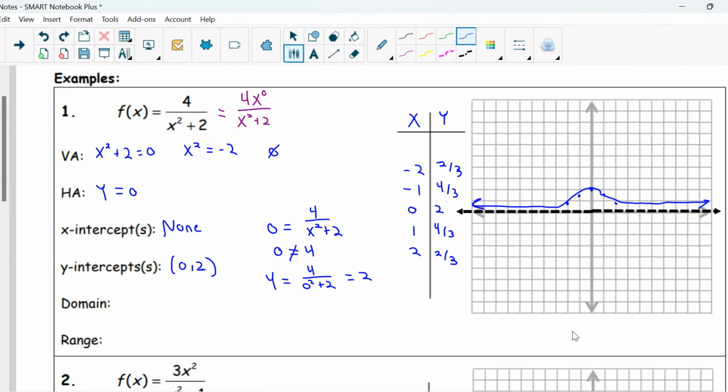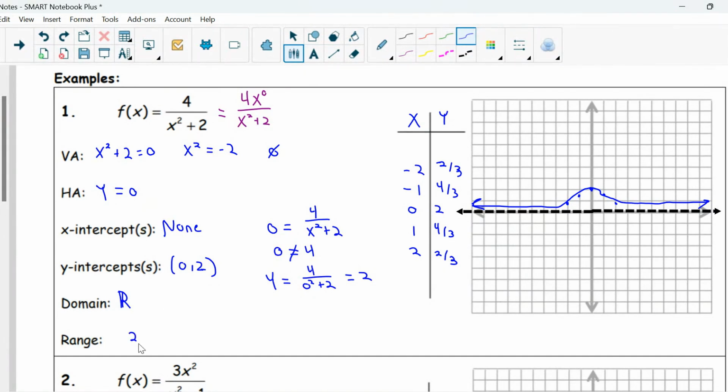So from here, my domain, as I head in the negative direction, continues forever. Same goes with the positive direction. So that's going to give me a domain of all real numbers, or you could write negative infinity to infinity. For my range, on the other hand, this is a little bit odd. As I head in the positive direction, the max point I'm going to have is at 2 here, because as it goes in the negative and positive x directions, I'm just approaching 0.